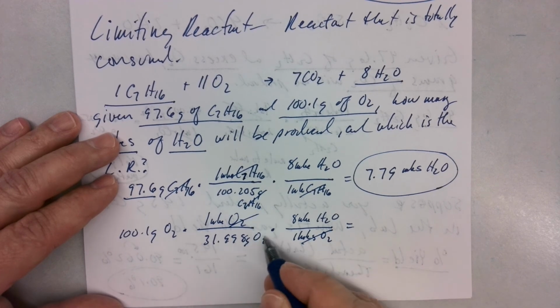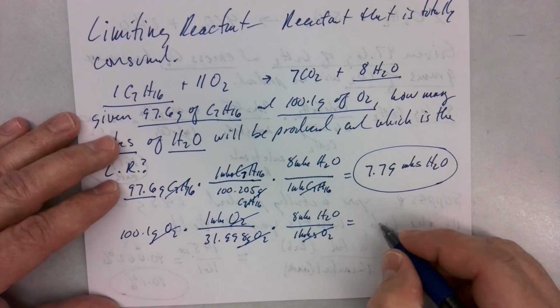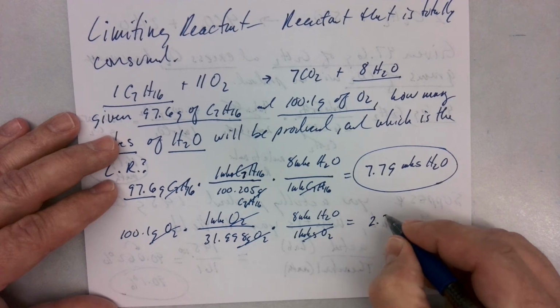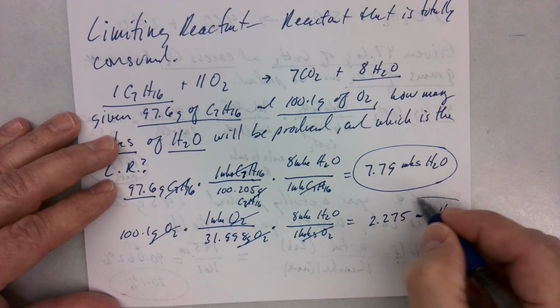Moles of O2 reduce out, grams of O2 reduce out, and I'm left with what? 2.275 moles of H2O. Anybody back Torgerson up?